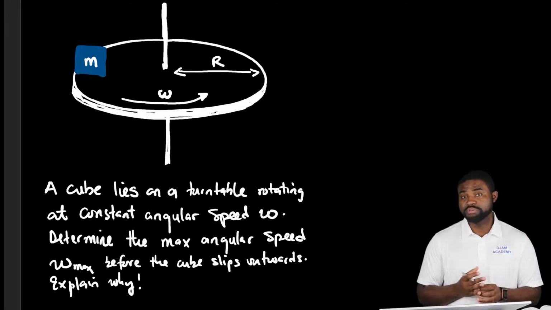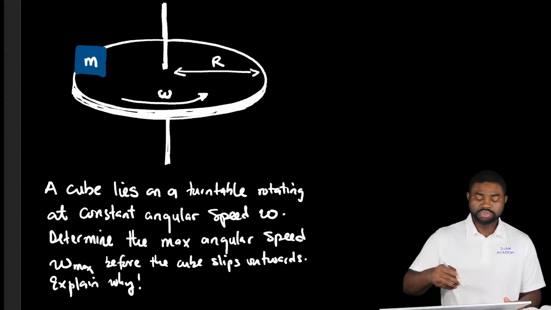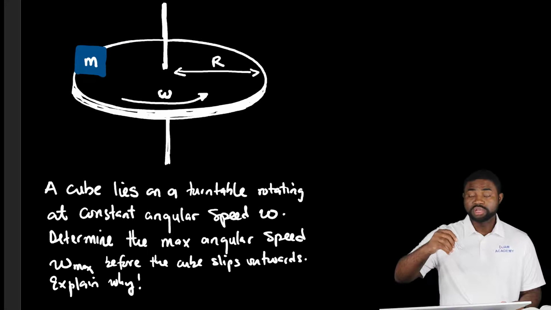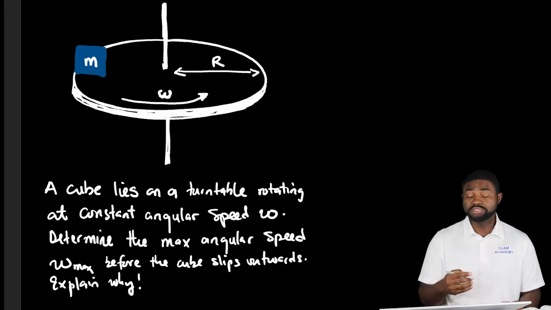Now, for you to be able to see exactly why, we have to start first by drawing our free body diagram. The cube is rotating in a circle, and therefore it is performing circular motion. That means that it has a centripetal acceleration.